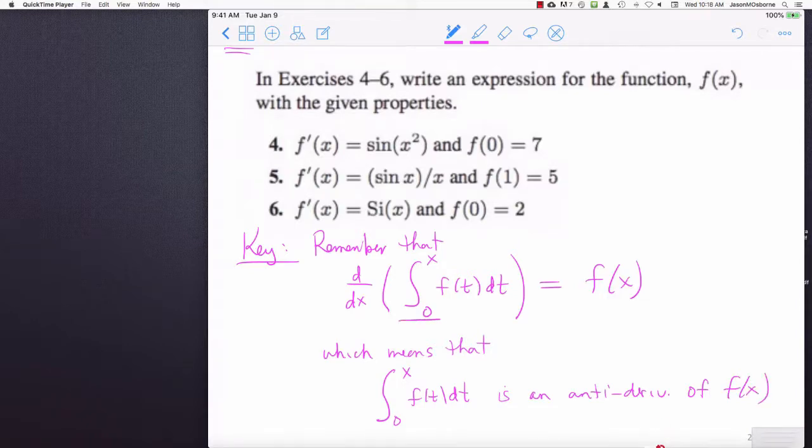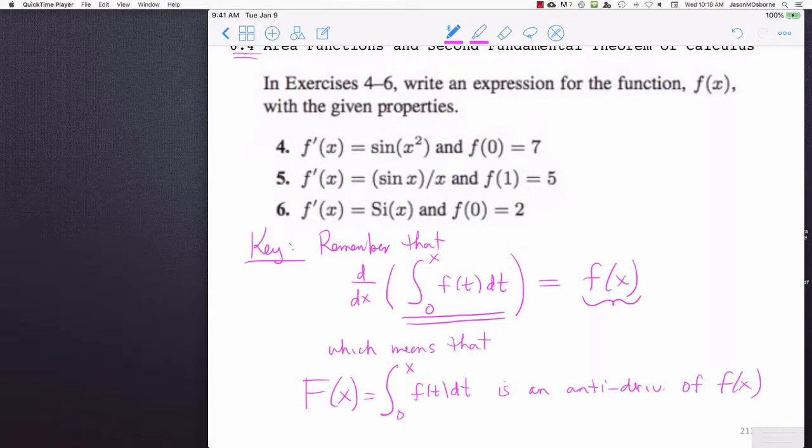If you take the derivative of some function and you get the function little f of x back again, that means that function was an antiderivative, which is why the textbook has typically been calling that integral from 0 to x of f of t dt capital F of x. So, that is what you need to remember.